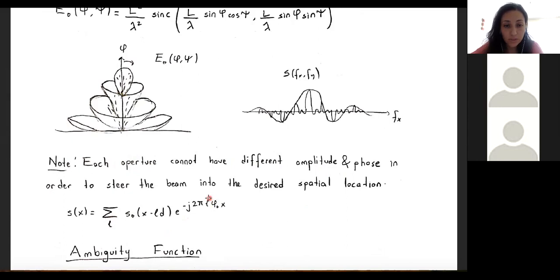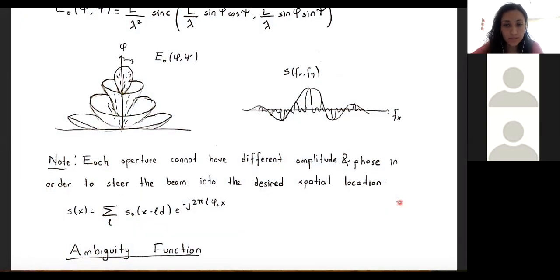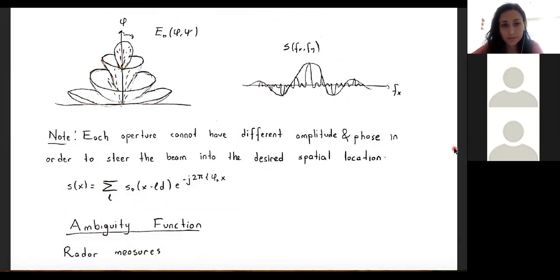So you will look at how to choose the phase, how to change the phase of each single element, so that your beam will not point in this direction, like here, but the main lobe will point, for example, in an arbitrary direction. So you can do those things once you understand this relationship.